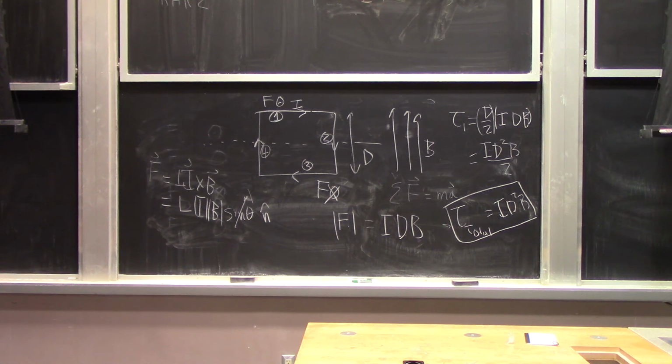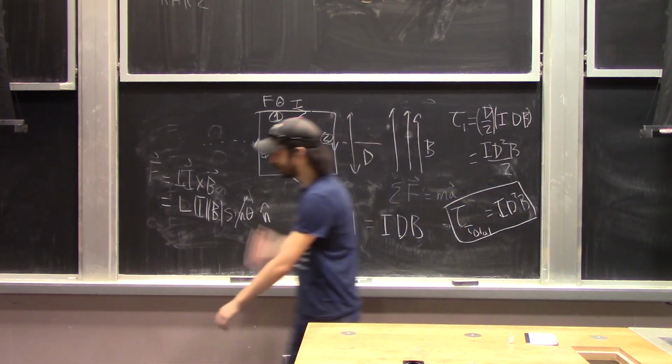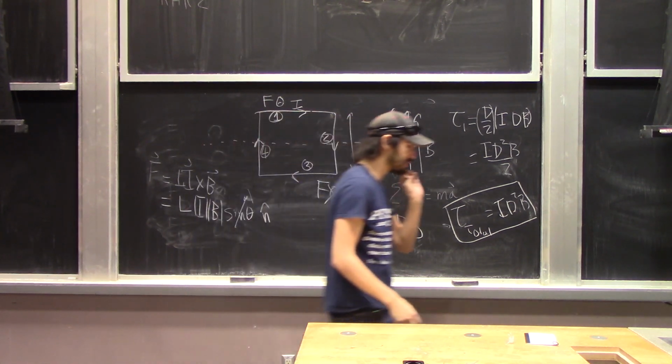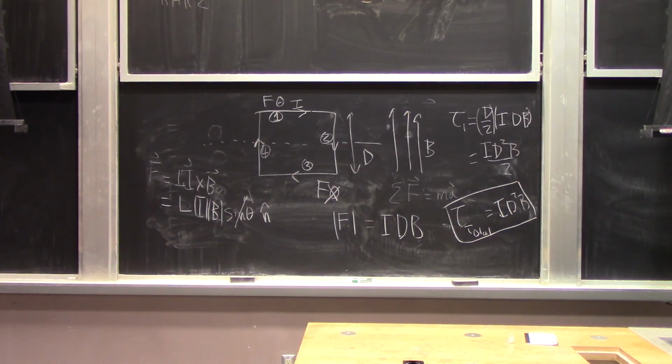Ultimately, the reason we're interested in these loops of wire in the presence of magnetic fields is that every form of electricity that we generate, with the exception of solar power, comes from loops of wire that are rotating in the presence of magnetic fields.